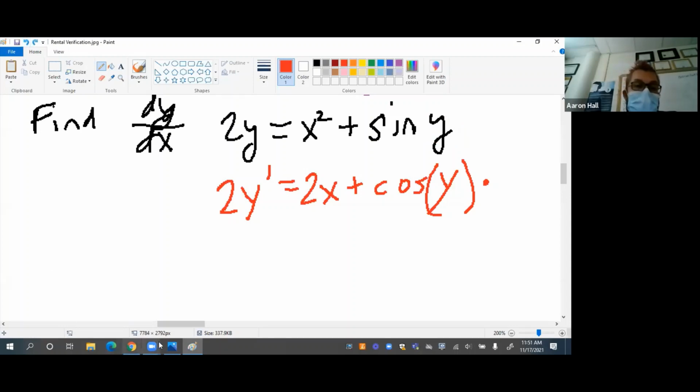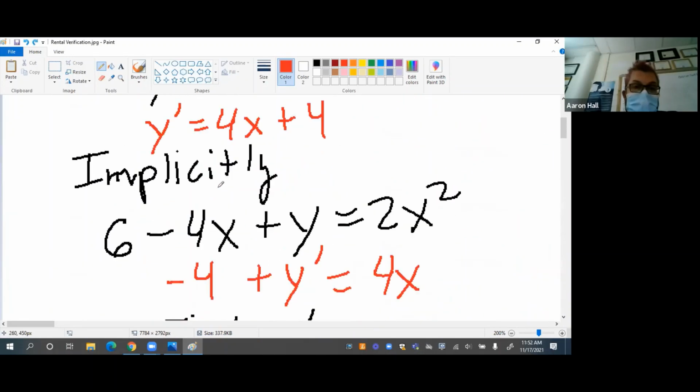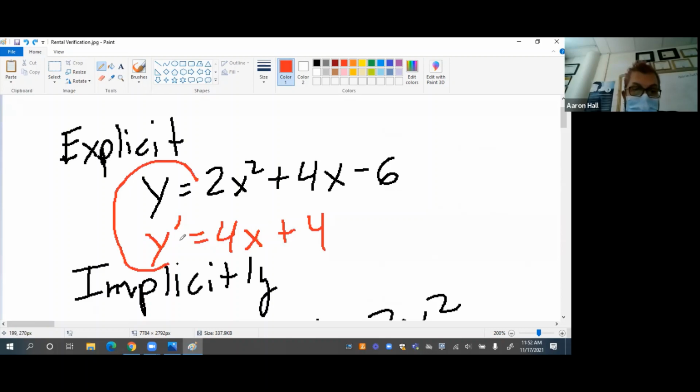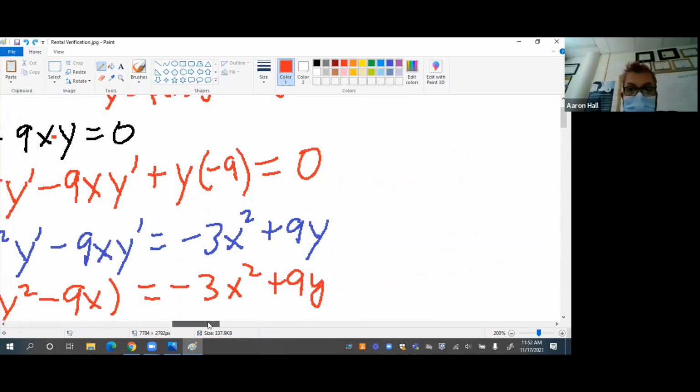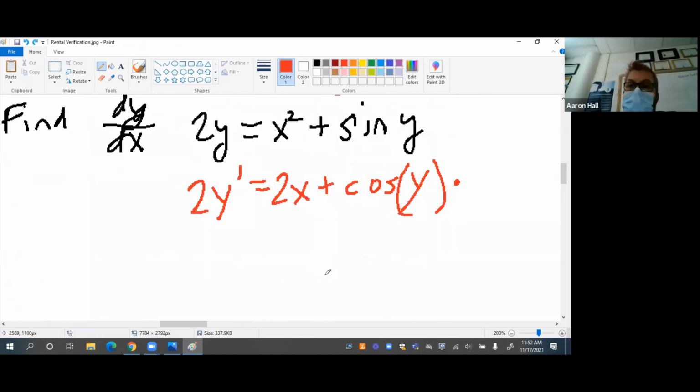What's the derivative of y with respect to x? What did we do over here? What do we do when we take the derivative of y with respect to x? Yeah. So that becomes times y prime.